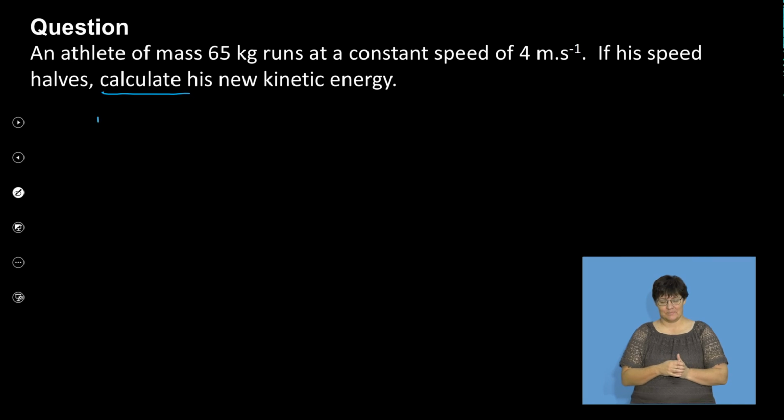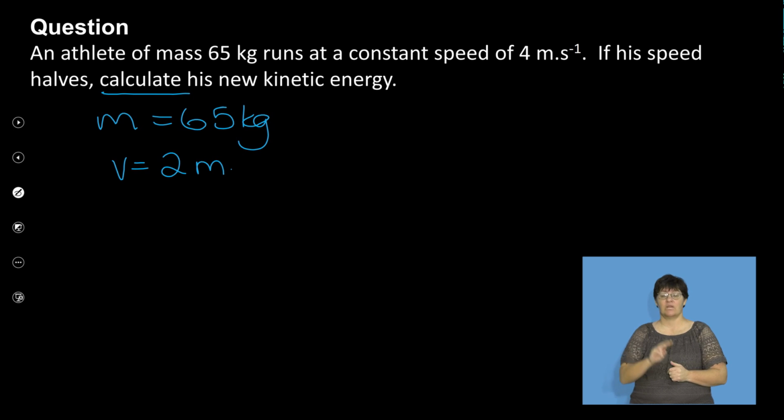In other words, they want a value. So, his mass hasn't changed. His speed, though, is now half what it was. Now it's 2 meters per second. What I'm expecting is that his kinetic energy is going to be 4 times smaller.